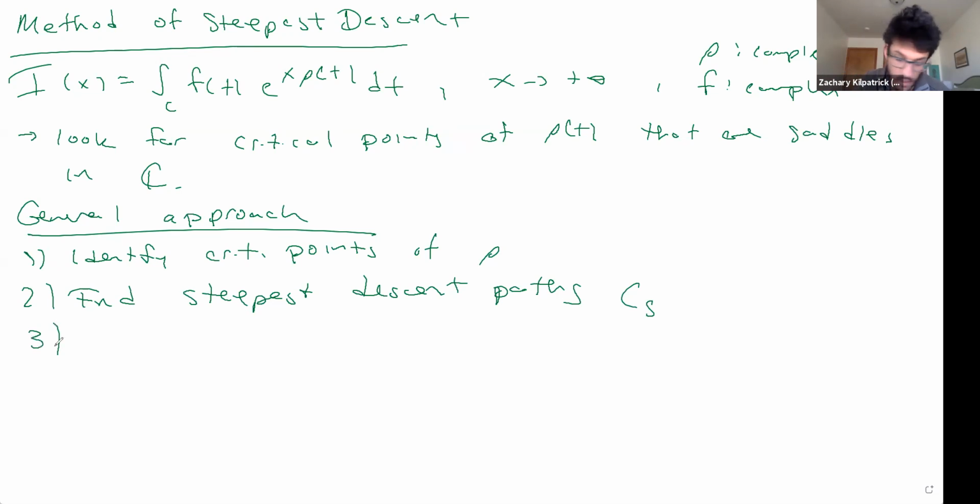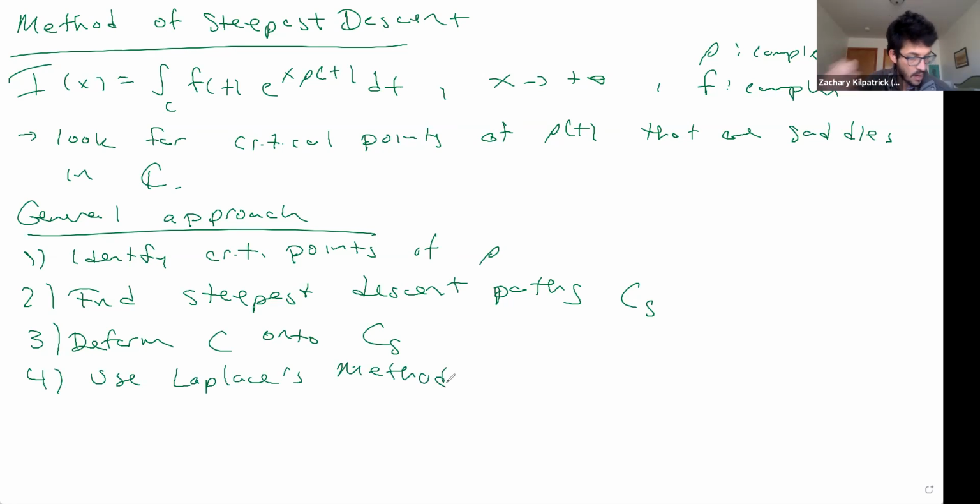The third step is to deform C onto CS. So essentially draw a contour that includes C and CS. It's closed, and then we can use Cauchy's theorem to identify the value of that contour integral, and the value of the integral along the steepest descent curve will just be given by your typical Gaussian integral formula, using Laplace's method.